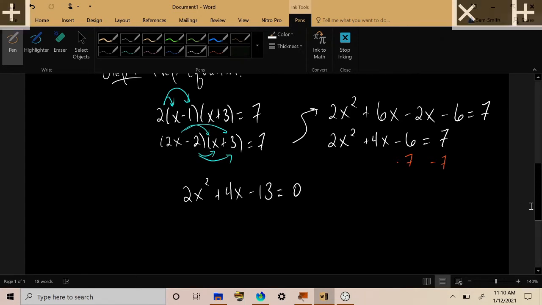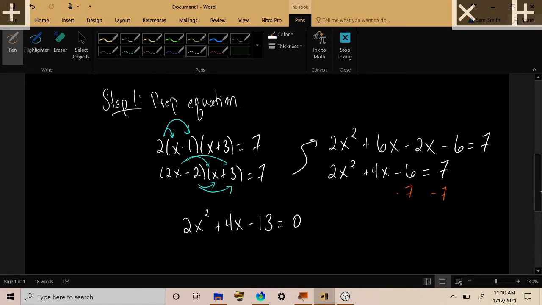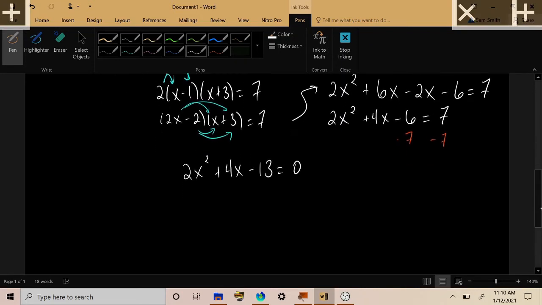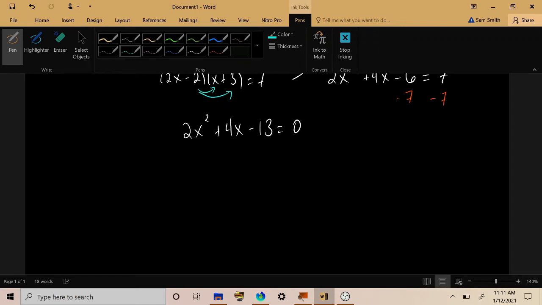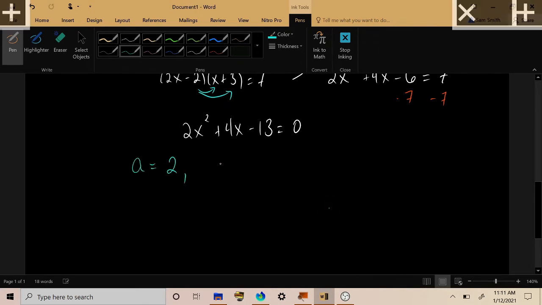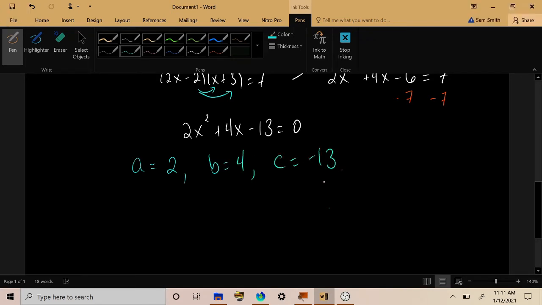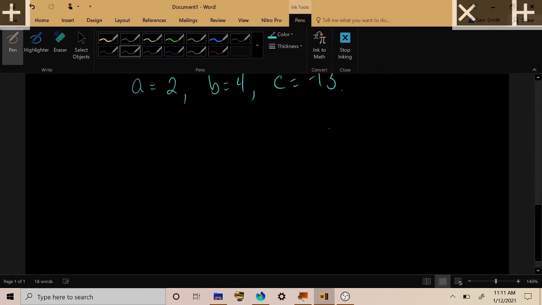Okay, so now our equation is in the correct format. We have an expression in standard form on the left-hand side, and we have that important 0 on the right-hand side. And now that we have prepped our equation, we can see the true values of a, b, and c. A, the coefficient of x squared, is 2, b is 4, and c is negative 13. Step 2.